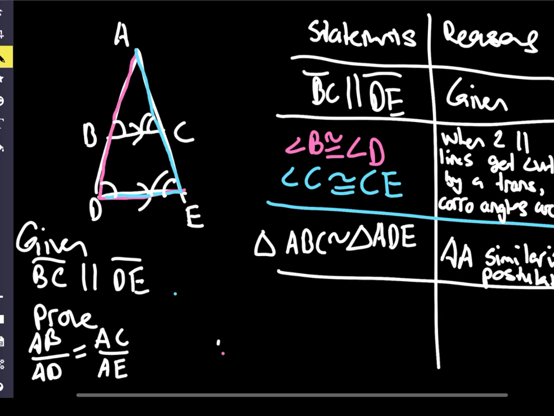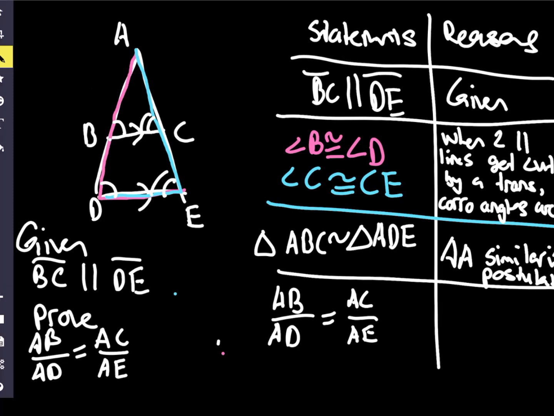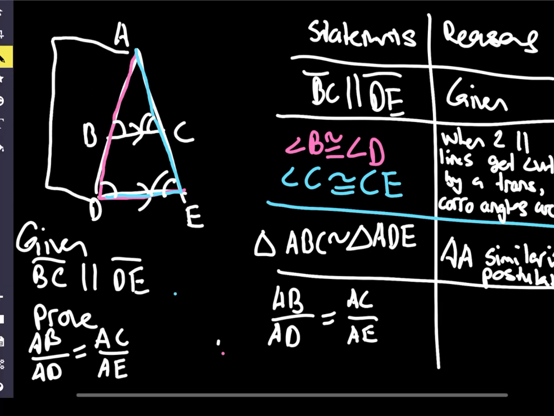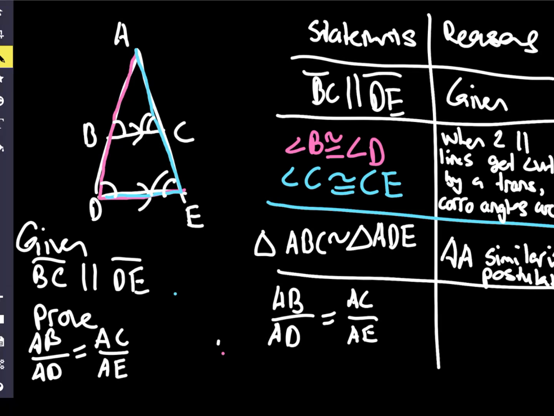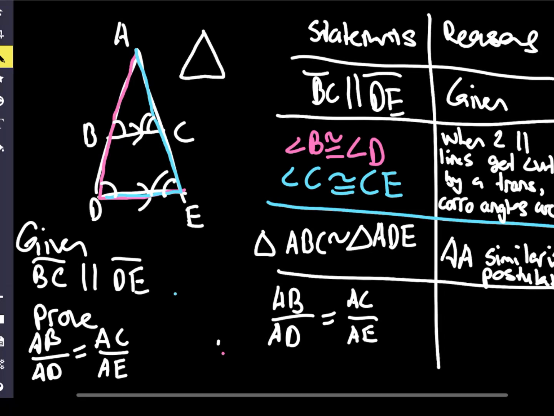And now, last step. We can say that AB over AD is equal to AC over AE. Why can we say this? Well, because once again, in similar triangles, their sides are in proportion. So this small side right now is going to be proportional to this big side, right? You can think about it if I separate these two triangles, okay?